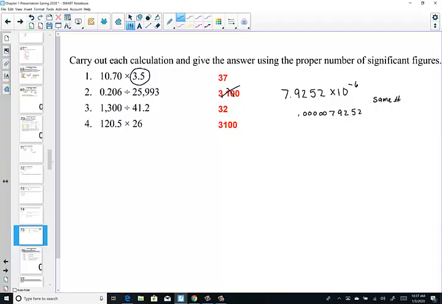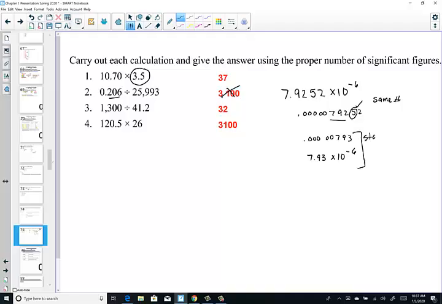One is expressed in scientific notation, one is in standard notation. We're only allowed 3 significant digits, which is this number here being rounded. So our final answer is 7.93 times 10 to the negative 6. You may certainly report those in either way.